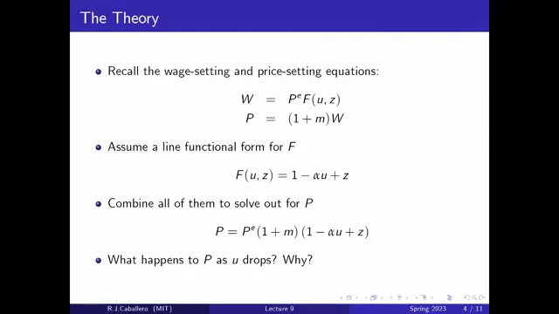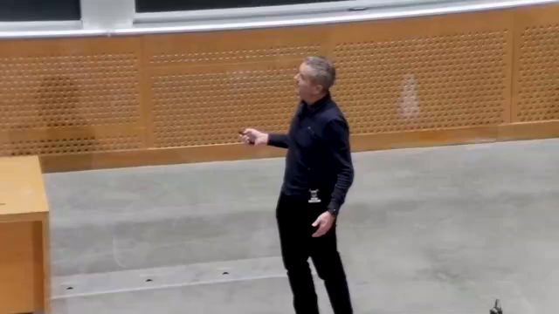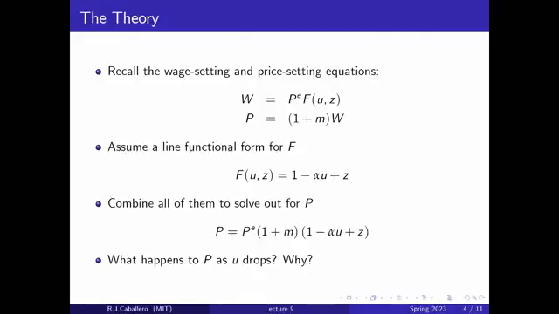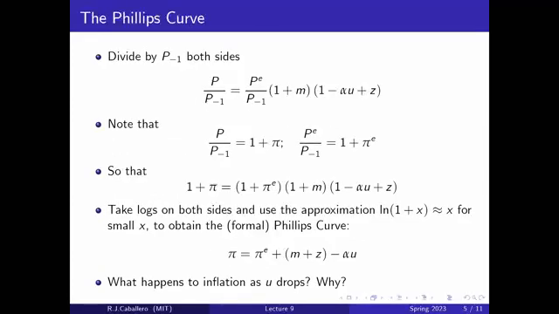So to do that, all that we'll do is, when I don't have a subscript here, I mean the price at time t, okay? And this is the expected price for next period, that's what you have. But today, for next period. What I'm gonna do is divide both sides by P minus 1, by that I mean the price in the previous period. So I get that expression, okay?